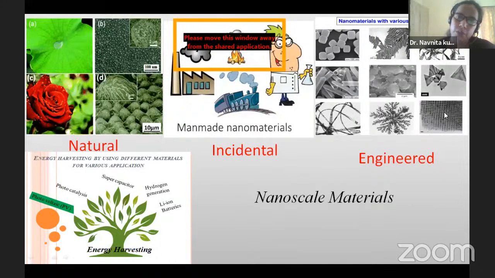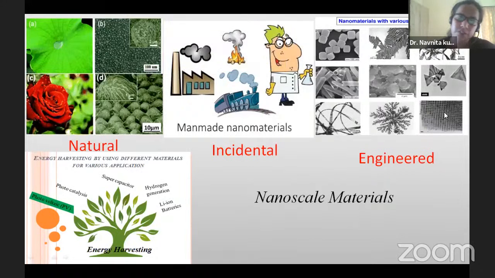When we talk about nanoparticles, there are lots of materials which already exist in nature, called natural nanoparticles, such as we can see on flower petals and the small structures on a lotus leaf.